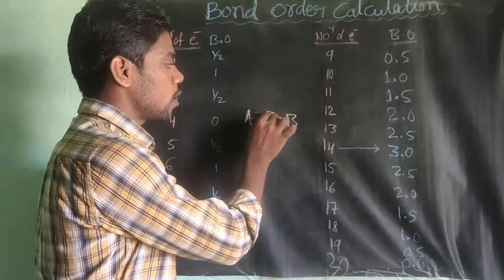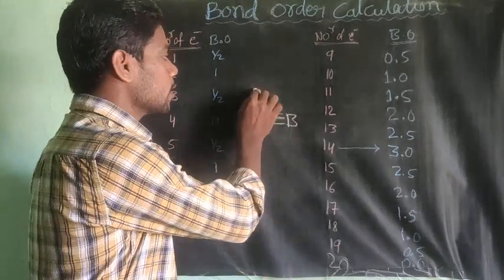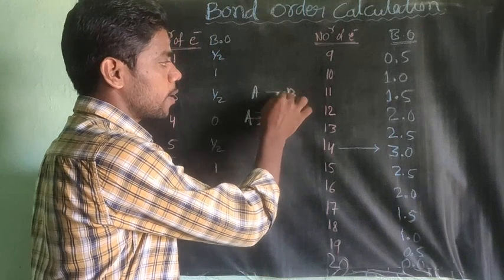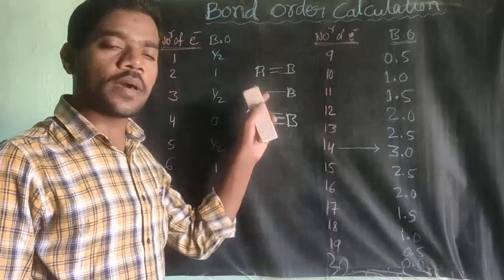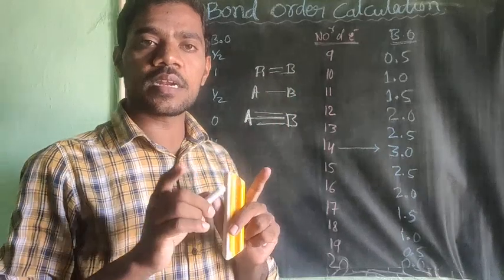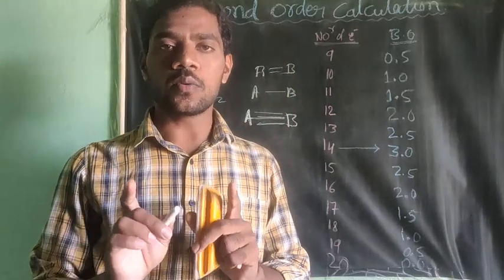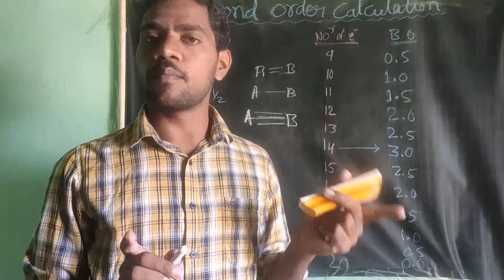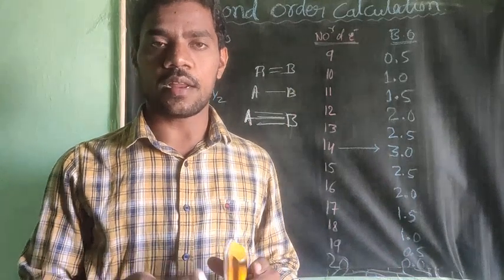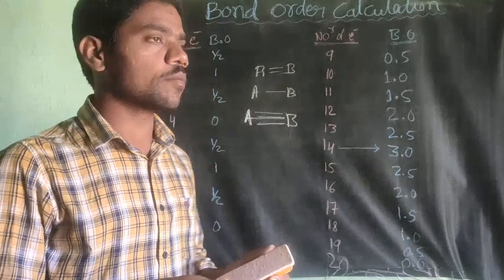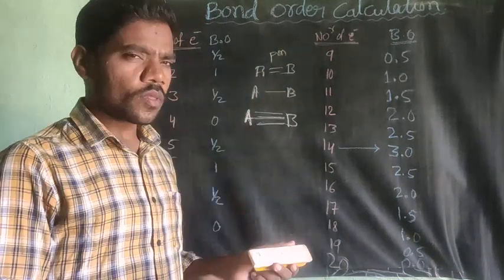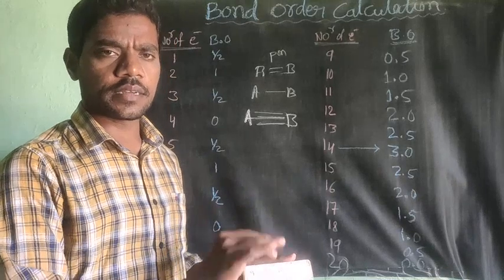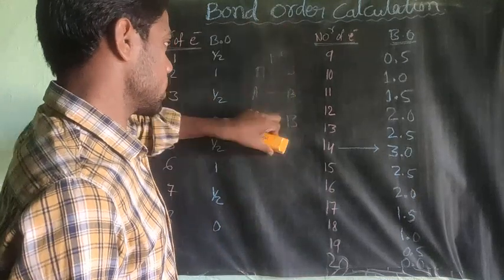Either 1 bond, 2 bonds, or 3 bonds. The number of bonds present between the two atoms is called bond order. We learned this in the first PU session.